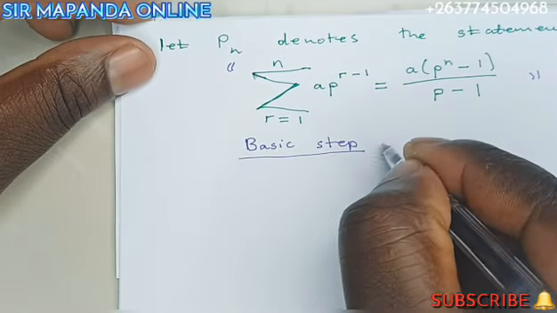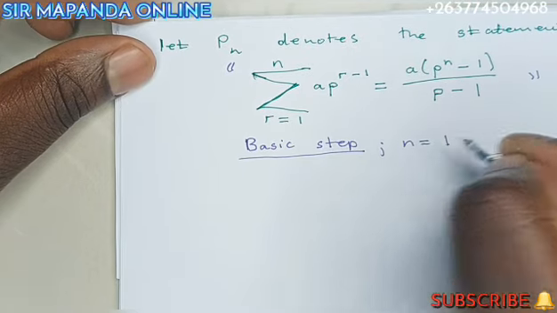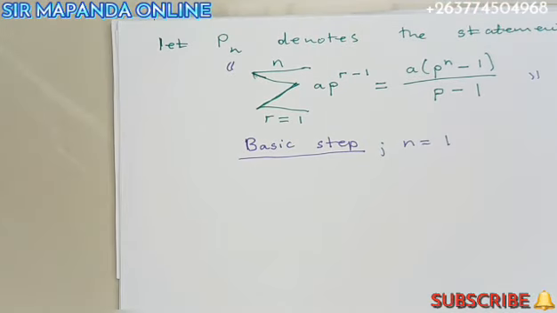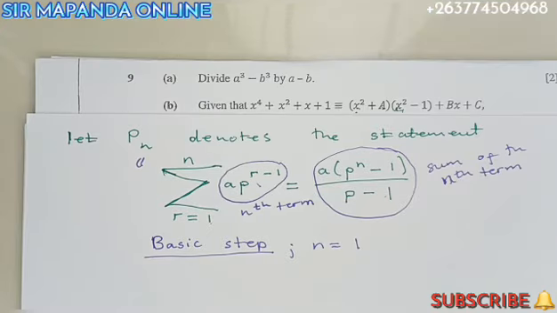I hope you are following. We want to prove that n is equals to 1, right? So by basic step, we are saying the first term of a sequence or the first term of a series is equivalent to the sum of the first term.